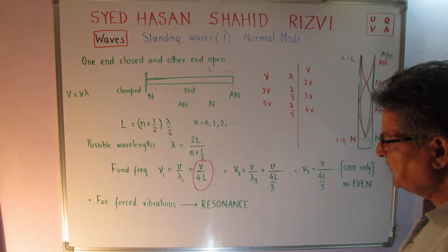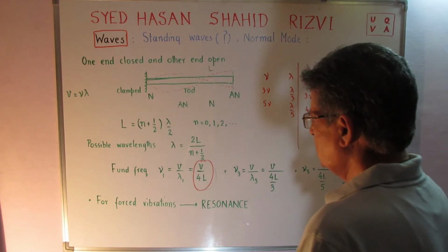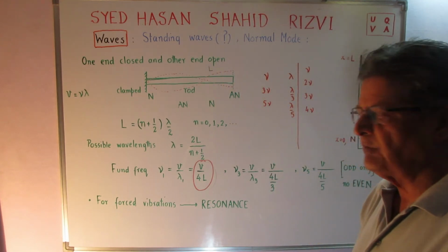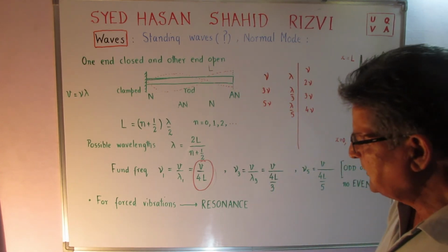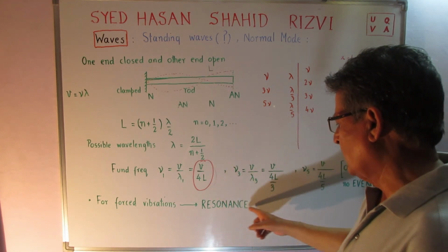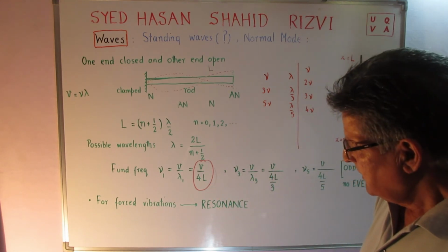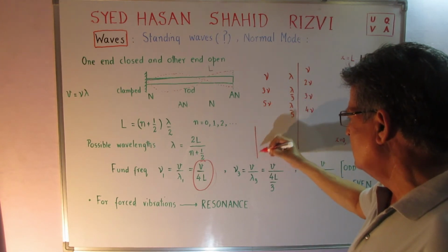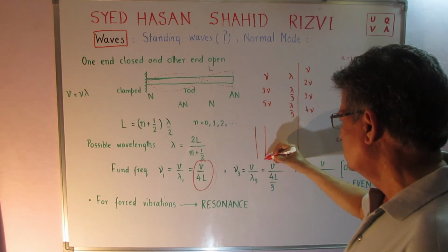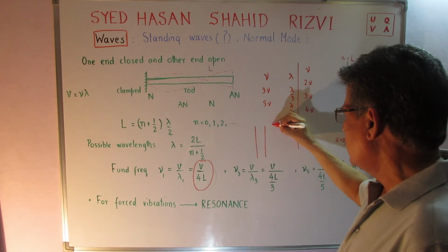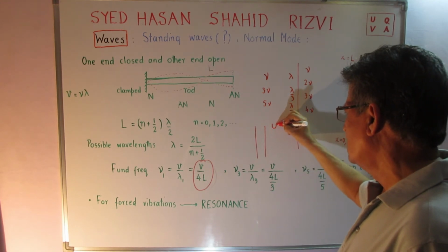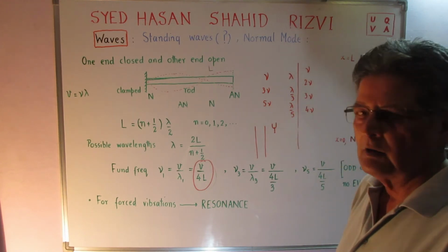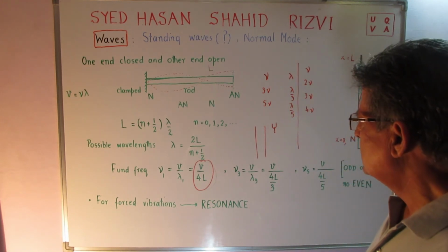Now one interesting feature which I leave to you is the case of forced vibrations. In the case of forced vibrations we have resonance, and there is an experiment where we have a pipe and a fork.